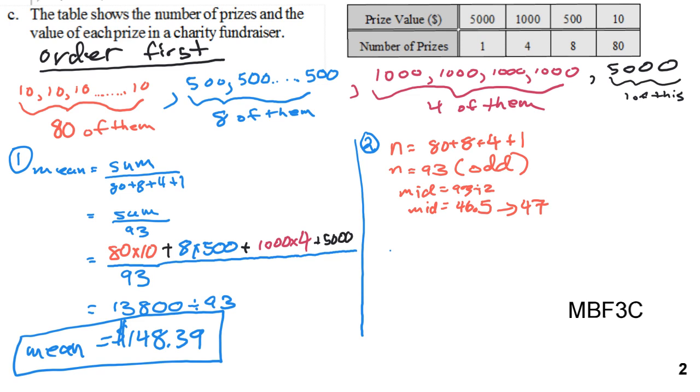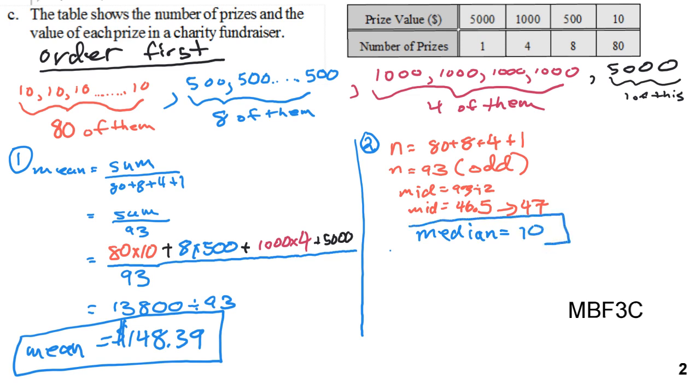So if we start from the left side of this list and start counting up, right? The 47th position is in this spot here, somewhere in 80. So that means our median is 80. No, not 80, it's 10.